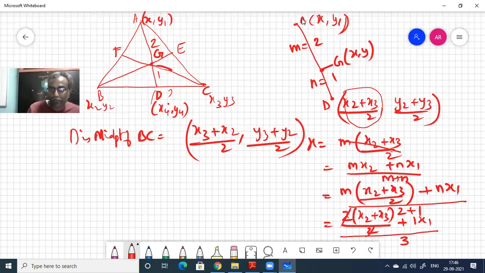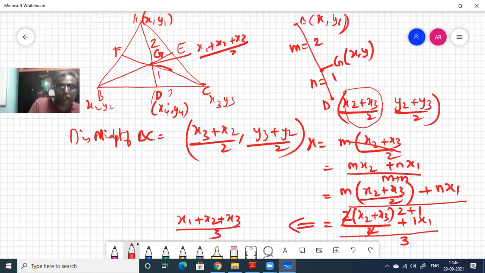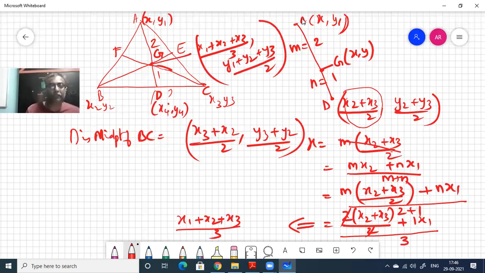This will cancel off. When that is cancelling off, what you get? You get X1 plus X2 plus X3 by 3. The same way for y, you will get y1 plus y2 plus y3 by 3. So this is the centroid. Very simple. If the three vertices are given and you are asked to find the centroid, you can find it very easily now. All right.